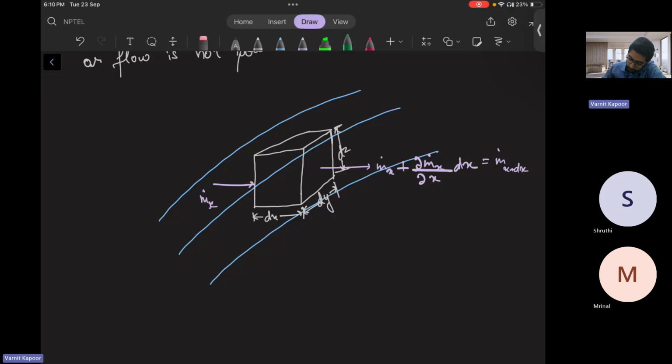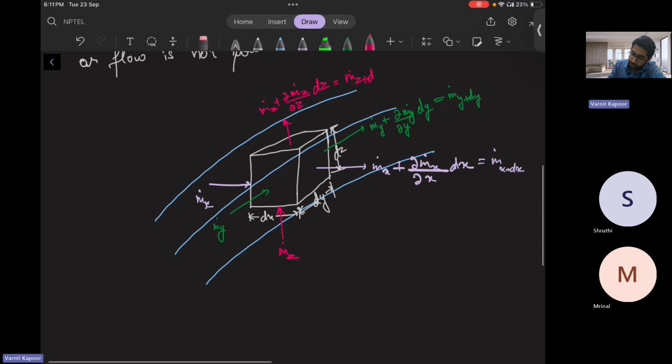For the y direction, the mass flow rate entering is m_y, and the mass flow rate exiting is m_y plus ∂m_y/∂y dy, which is nothing but your mass flow rate at y plus dy. Similarly in the z direction, it entered from the base with mass flow rate m_z and exited through the top with m_z plus ∂m_z/∂z dz, which is the mass flow rate at z plus dz.